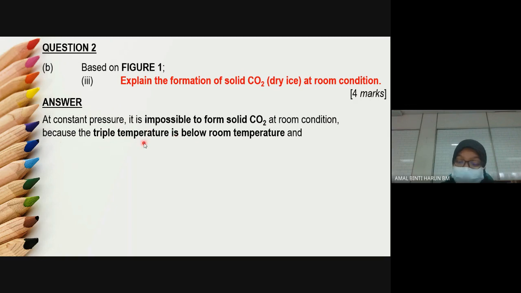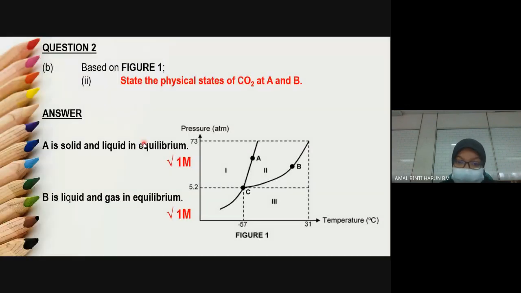Okay, this one is the triple point. So room temperature is higher up. The triple point is where solid, liquid and gas coexist. So if we want to change the dry ice or CO2, we can no longer do so, because the maximum temperature it can change at is negative 57.